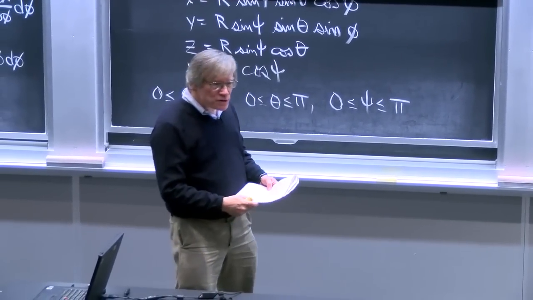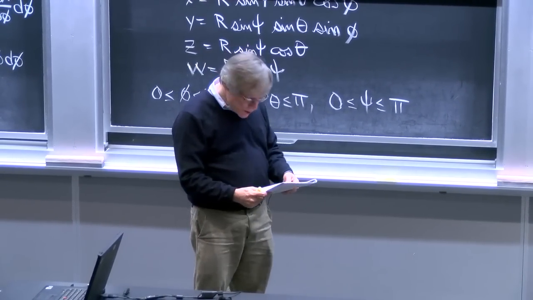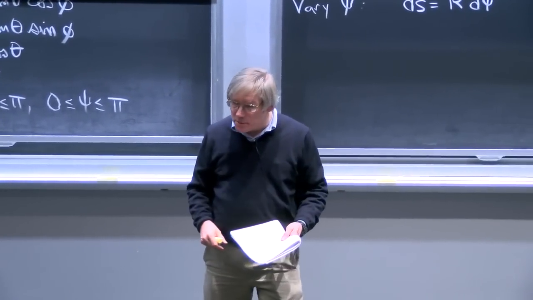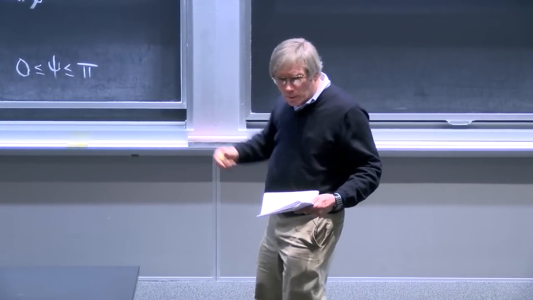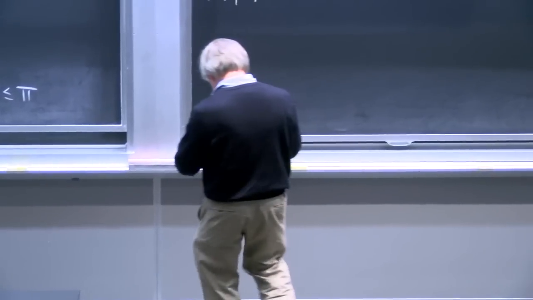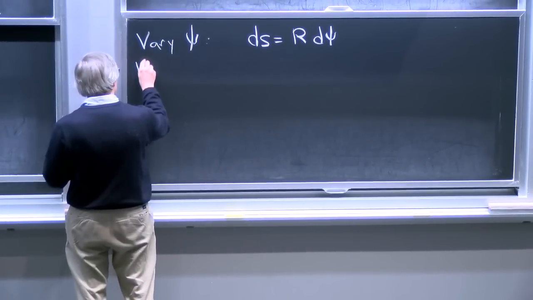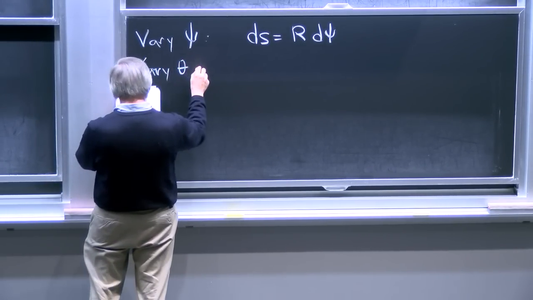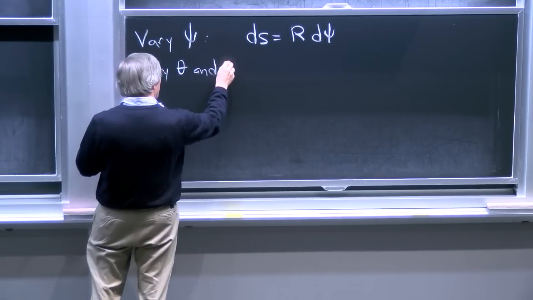OK, now we'll imagine varying either theta or phi or both. And since we already pretty well understand this 3-dimensional subspace, this is the previous problem, I'm going to talk about varying them simultaneously. So vary theta and phi.